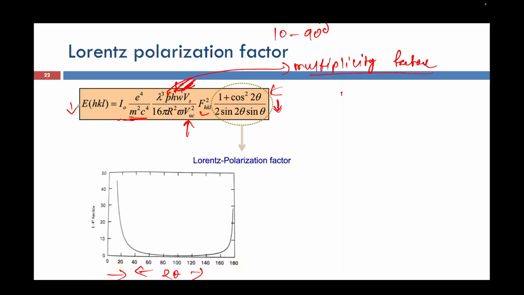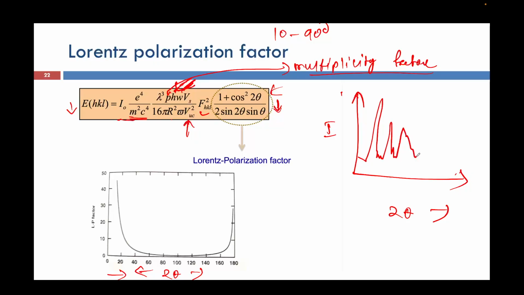So this is the reason, if you have observed, that always at lower angles, if this is 2 theta, this is intensity, the most intense peaks are coming. As you go to the higher angles, the intensity of the peaks gets lower. One of the reasons is that the atomic scattering factor f is a function of sin theta by lambda.